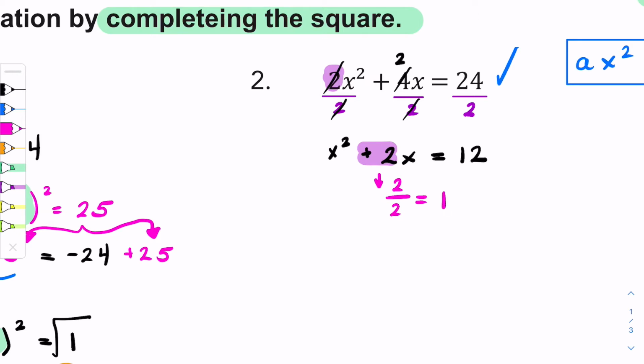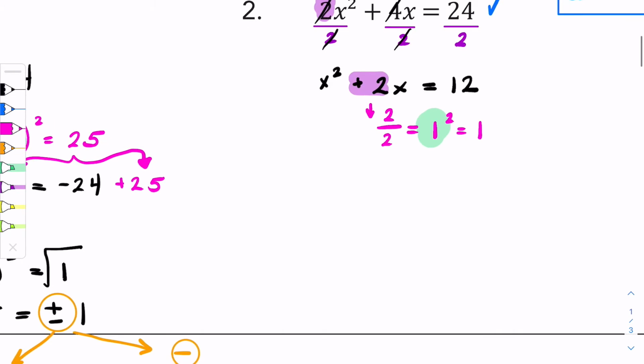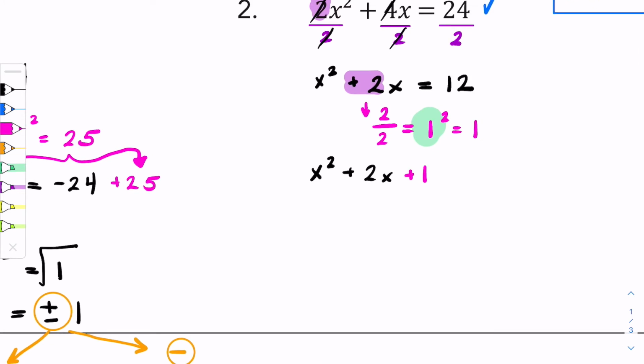This gives me a value of 1, which is a significant number. I square this term, and that's equal to 1. I'm going to add 1 to both sides of my equation. I have x squared plus 2x plus 1 is equal to 12 plus 1.